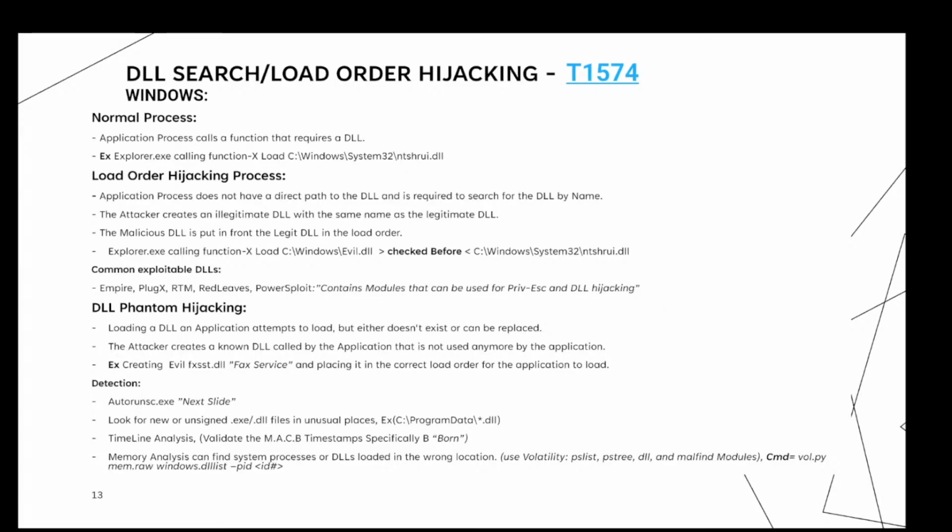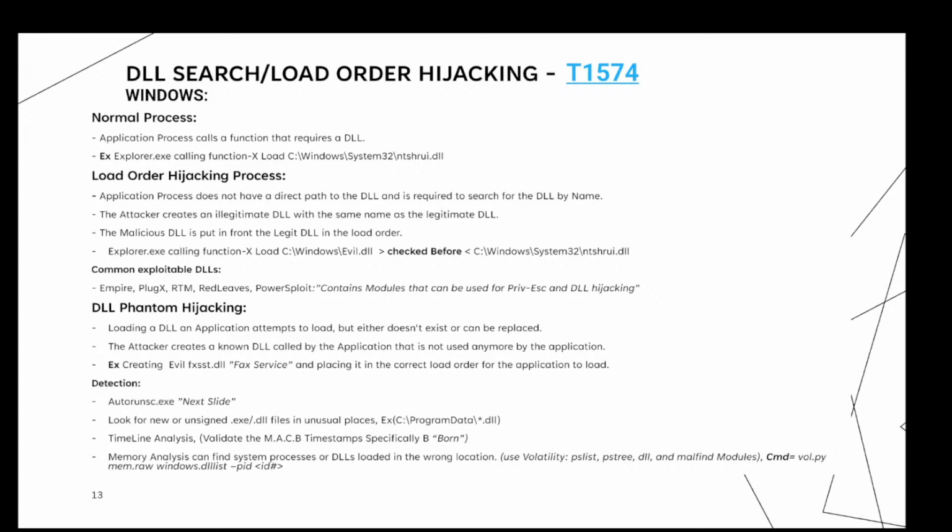Common exploitable DLLs would be Empire, plugin X, Red Leaves, PowerSploit. I think there was a whole list associated with it when I looked this up, but that was a few weeks ago, so sorry if I don't have that off the top of my head.